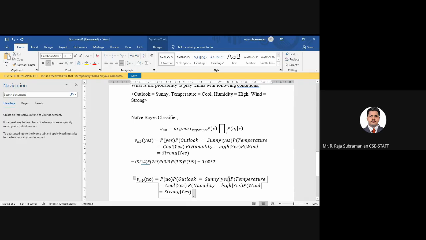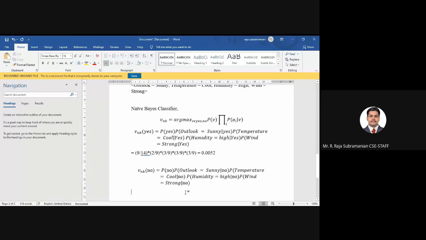So sunny becomes no, temperature becomes no, high becomes no. These are the attributes; how many times they are supporting the no values, I'll take that and do the calculation.